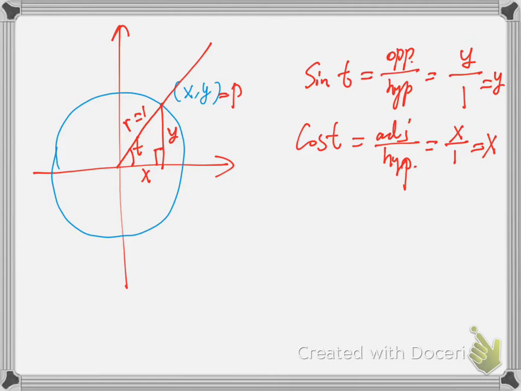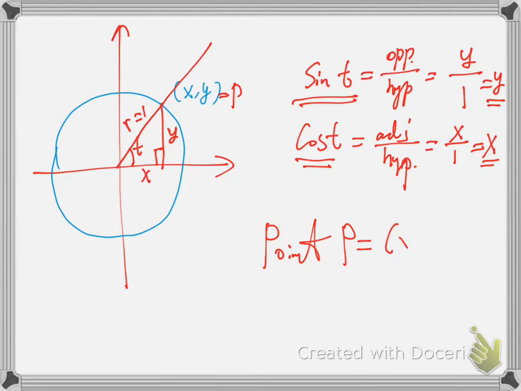Now we have the relation between trig values and x, y. Sine T is y and cosine T is x. So another way we can write the point P on the unit circle, which is x comma y, is: the point P is cosine T comma sine T. That's a very important property for the unit circle.